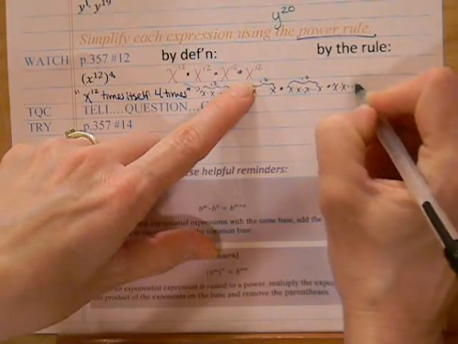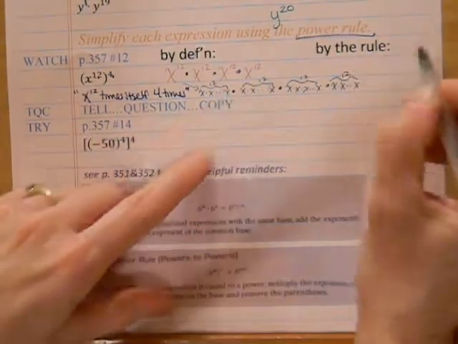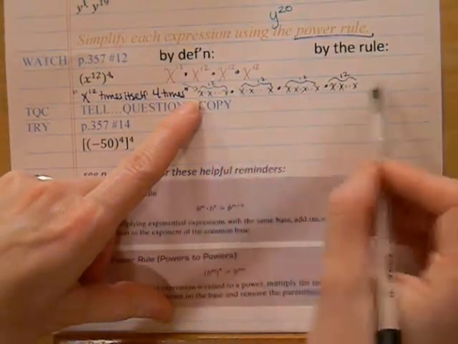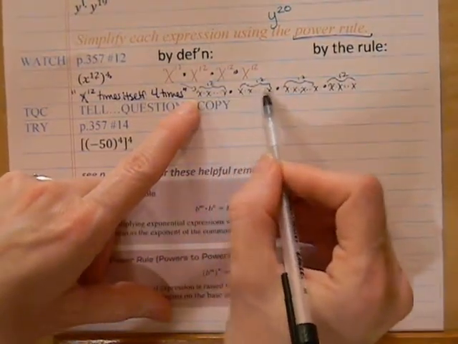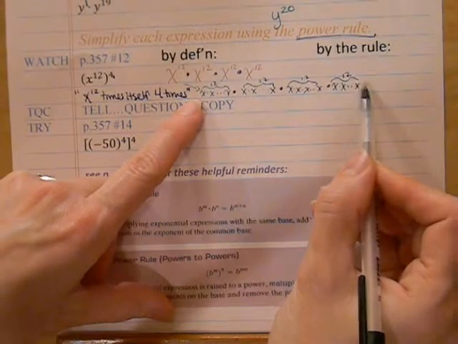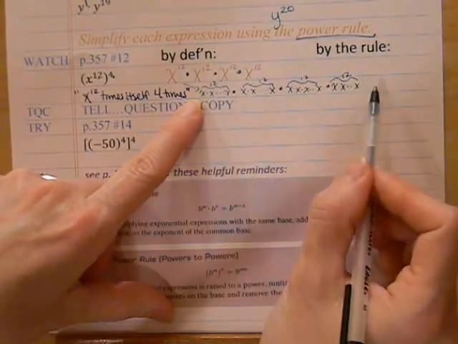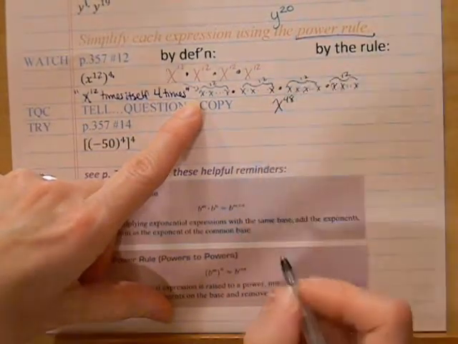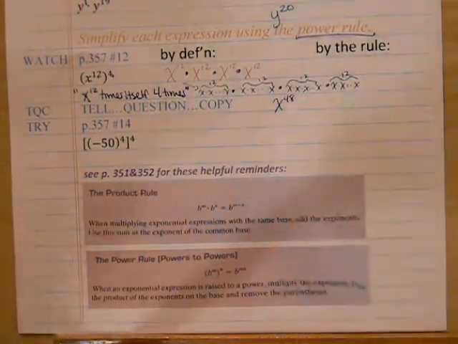If I had the space or patience to write all this out, there would have been 12, another 12, another 12, another 12. There would have been 4 sets of 12 for a total of x to the 48. So that was by counting.